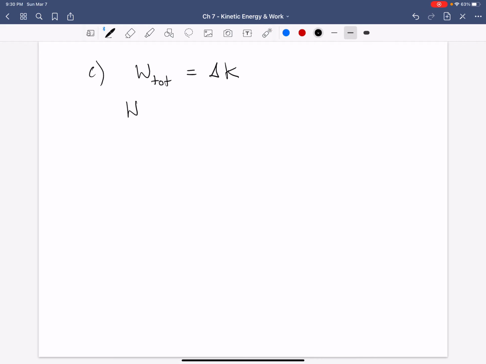So we have the work from, that's a sloppy W. Let's try it again. There we go. Work gravity plus work spring, right? I'll put the minuses in there momentarily. And that equals delta K, which means it's the 1/2 m times the change in speeds squared.